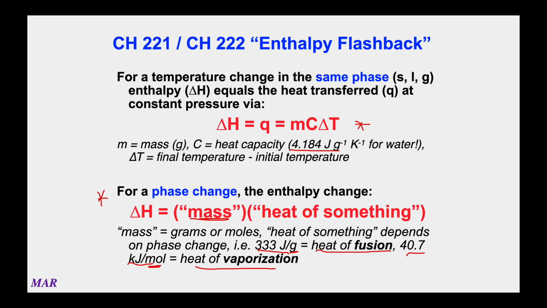If you have a phase change, there is no change in temperature, but if you change the temperature, you're not changing the phase. And again, this is something we did in Chem 221 back in chapter 5. We also did this in Chem 222 when we talked about the transitions between solids and liquids and gases, phase diagrams, stuff like that. So if this is looking a little unclear, absolutely go back and review.